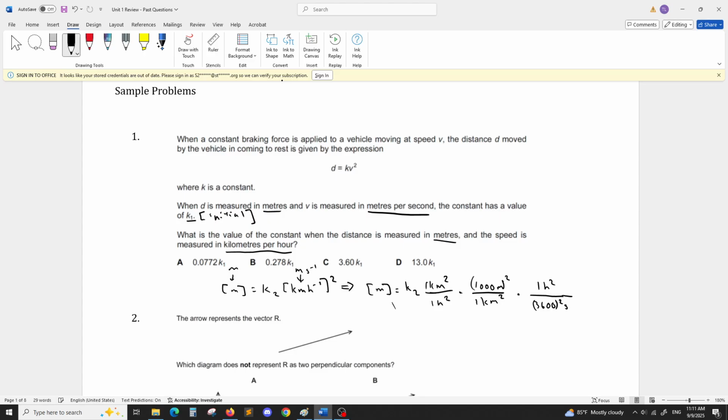So then we can simply plug into our calculator. 1,000 squared divided by 3,600 squared, because everything else is essentially 1. So then we get m equals k2 times 0.077, to sig figs, and the problem uses 3, so we can just do 3.